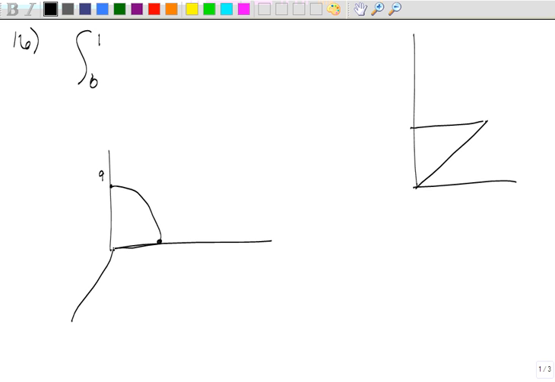And then I'm going to have y equals 3x here. And so it's going to get bounded here at 3. And then I'm going to have it coming out here. So this is my region R. And this is 1, and this is 3.